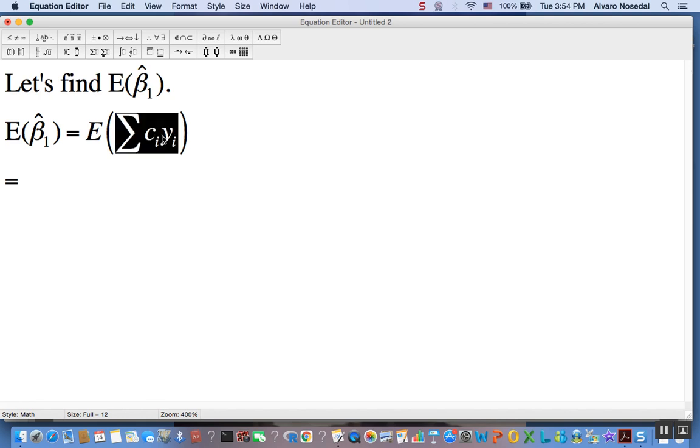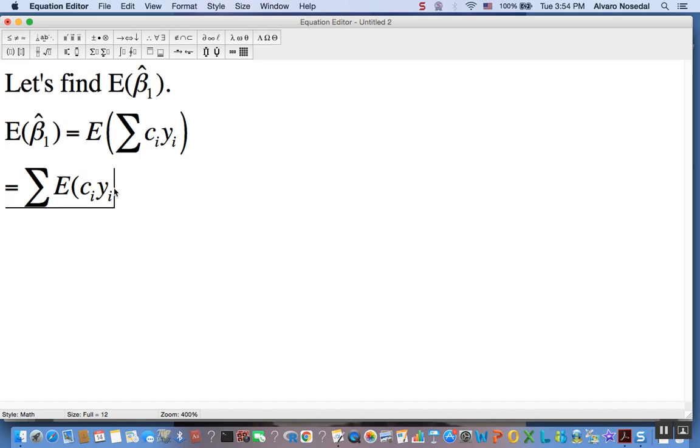So let's use that property. Our mathematician friends would say, oh yeah, the expected value is linear, so we're using the linearity of the expected value. Make sense?